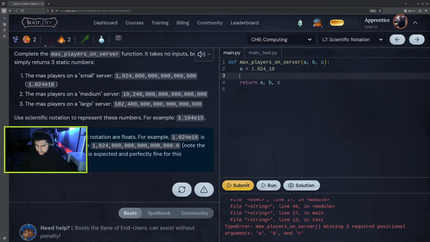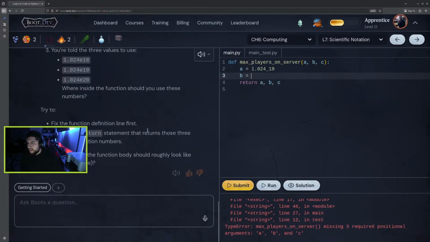B equals... wait, let me stop there. I might not even have to do that.